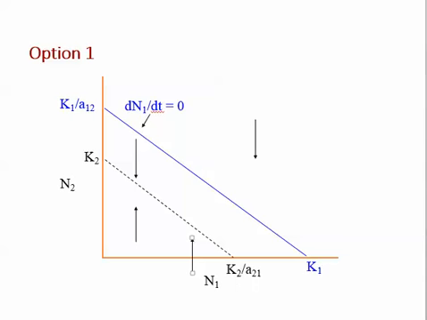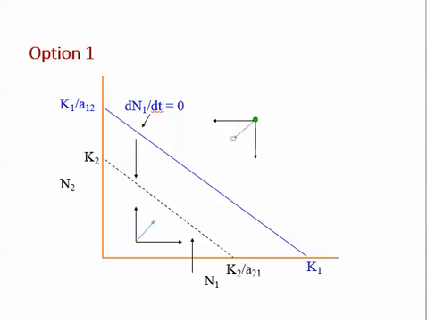Similarly, with respect to the blue line, if the population were above the blue line, it would have a tendency to decrease, and if it were below that line, it would have a tendency to increase, and the result of this would be a net trajectory in this direction, or a net trajectory in this direction.